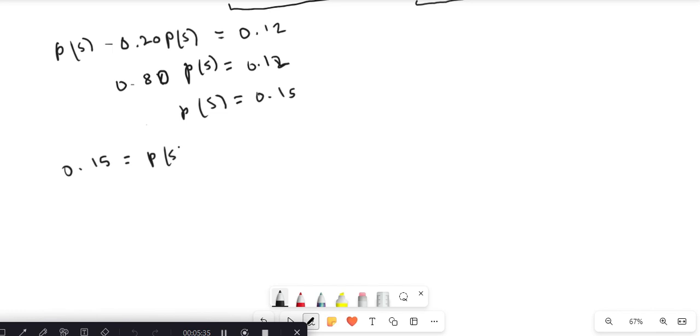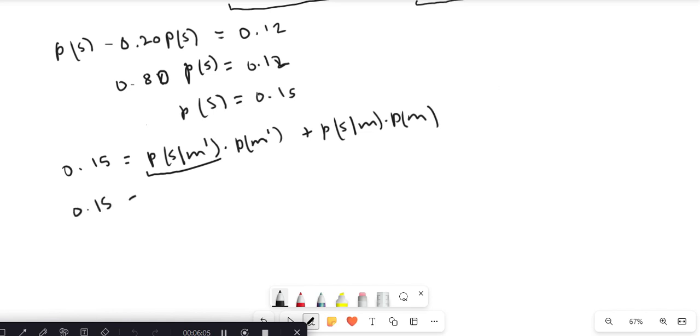So that is the probability of S given M prime multiplied by the probability of M prime, plus the probability of S given M multiplied by the probability of M. And remember, this is what we were asked to compute.